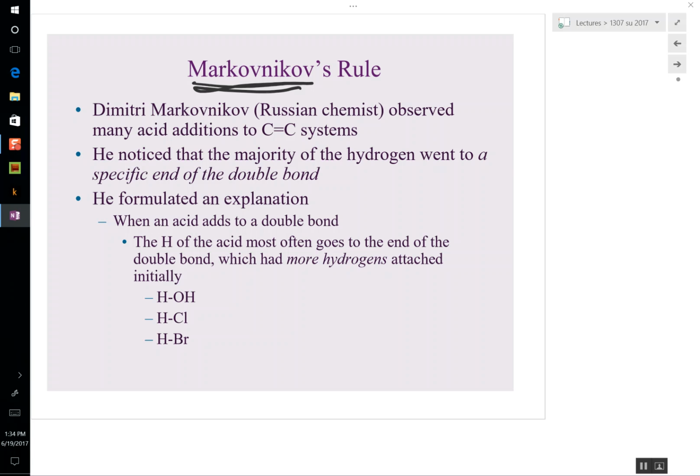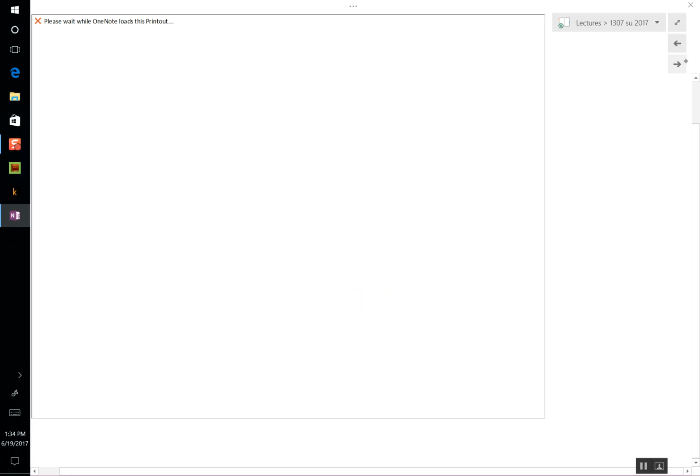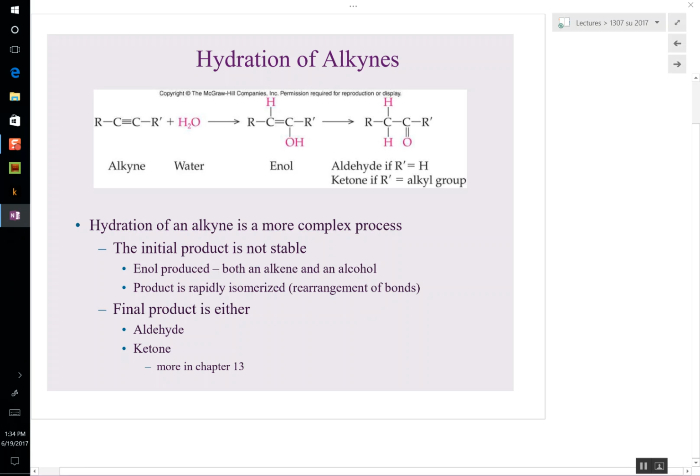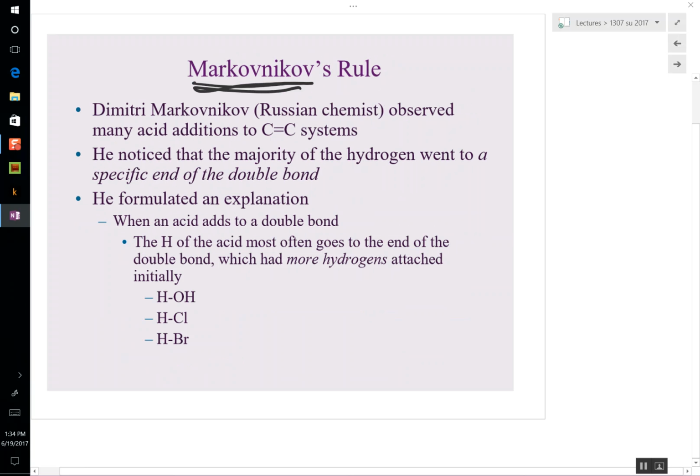Let's see, does the next slide say Markovnikov's rule? Do I not have a slide that just tells me what that... Slide 11. Which is slide 11. Oh, the hydrogen of the acid most often goes to the end of the double bond which had more hydrogens attached initially.